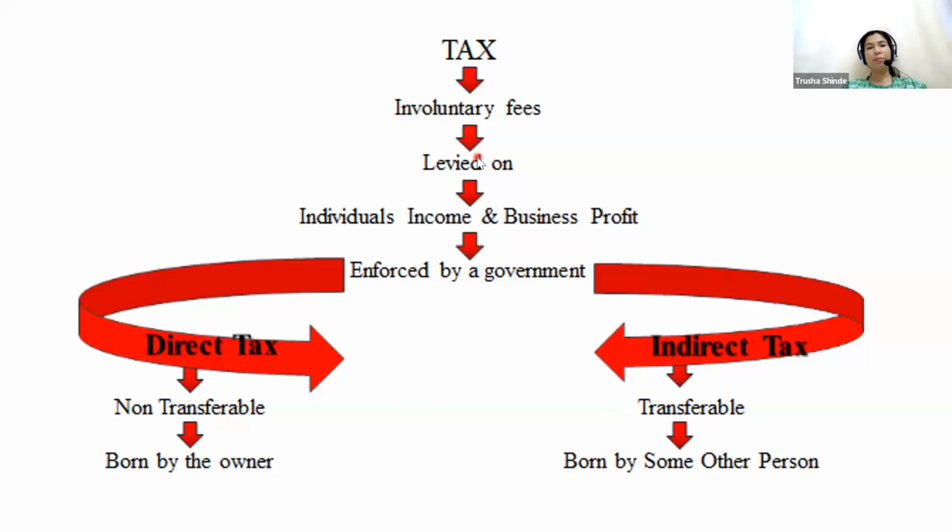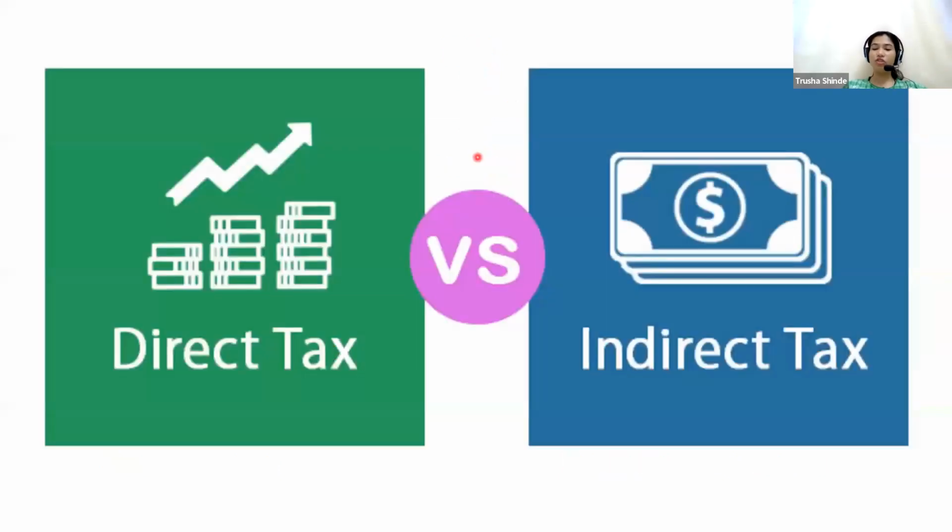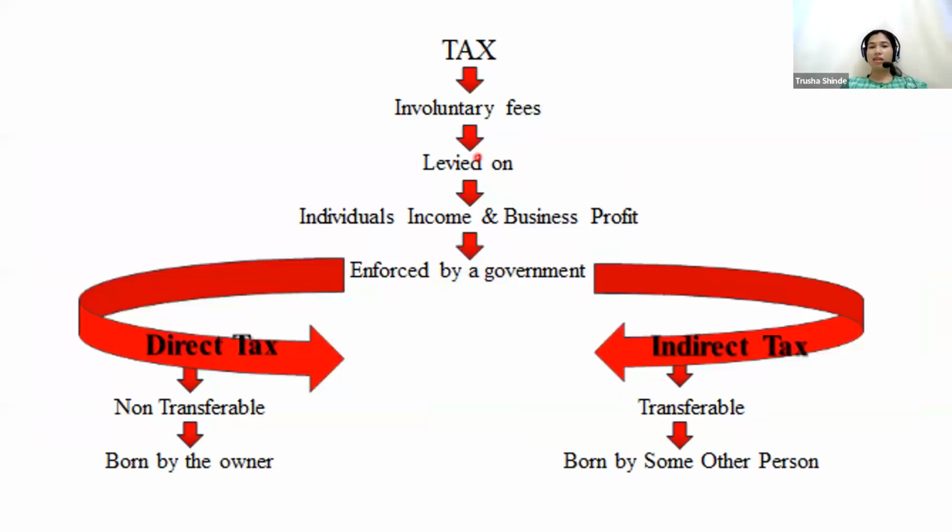Then who will pay the tax? The wholesaler. Then again, the wholesaler is going to sell that product to the retailer. Then the retailer will again sell it. So at this point, the manufacturer, the wholesaler, the retailer, and the end consumer pay the tax. It is borne every time by some other person.